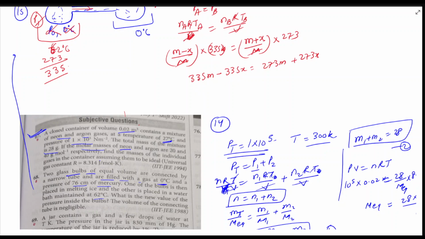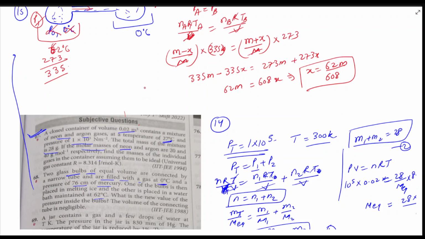So what we'll get? 335 minus 273, it will be simply 62. So 62 m will be equal to 335 plus 273, it will be 608, right? 608 x. So we'll have x as 62 m upon 608. So this much mass has moved from 1 to 2.